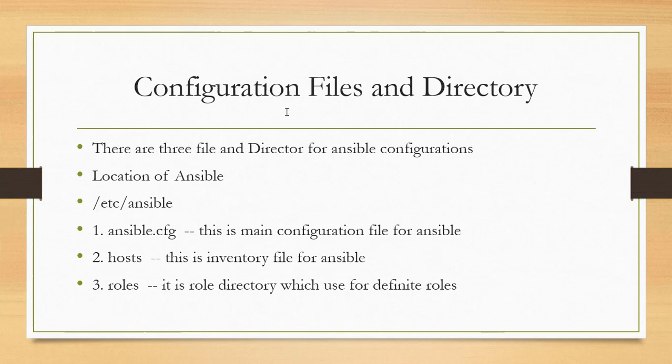For example, you give the list of your IP addresses and host names, everything you can put in this file. When you run Ansible, it will read this inventory file and go to work. The third is roles. If you remember, I told you earlier what a role is. It is the directory used to define roles.